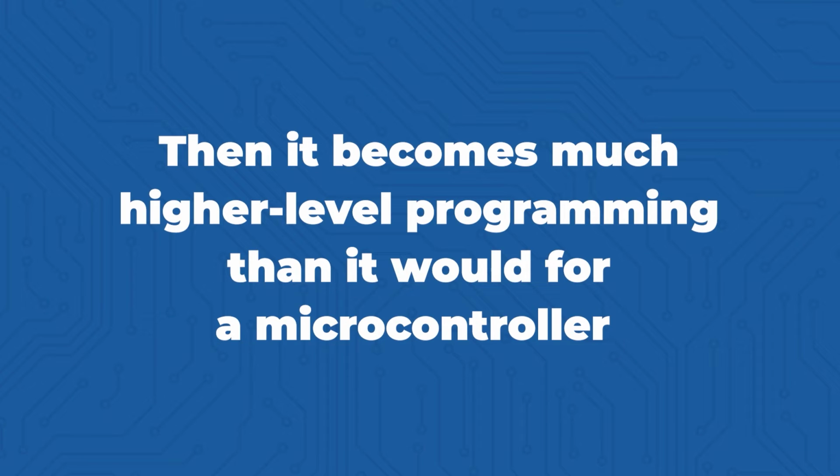If you're using a microprocessor that's running an operating system, then the programming required will not be as low level as it is if you're running a microcontroller product without any type of operating system.